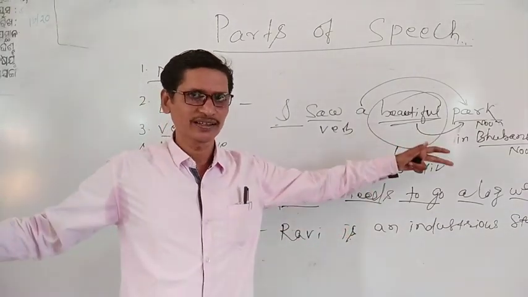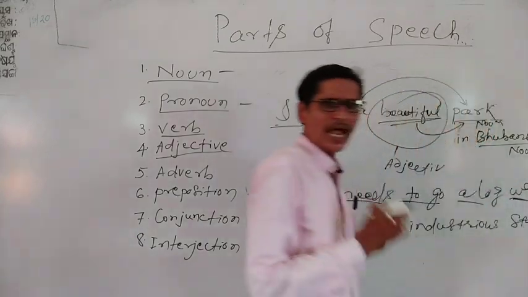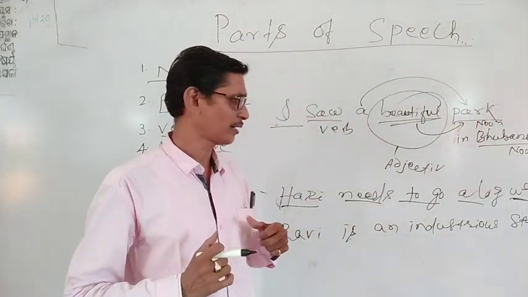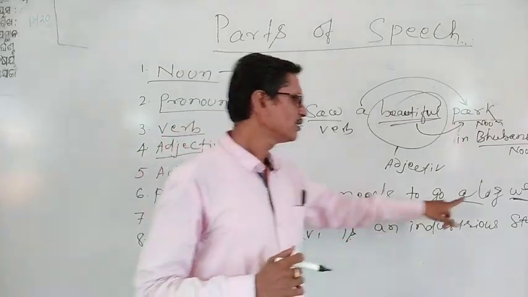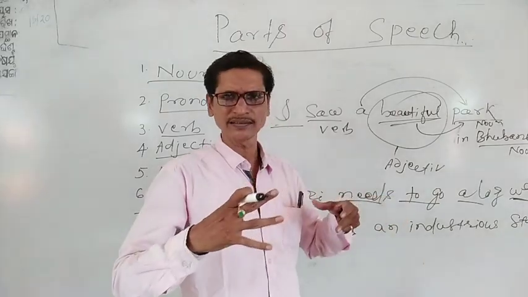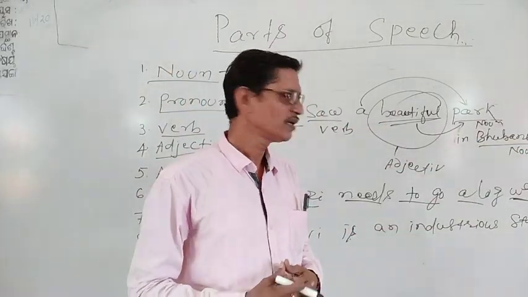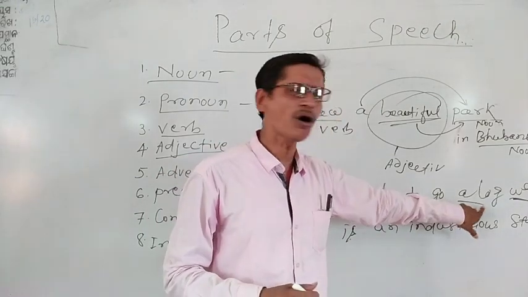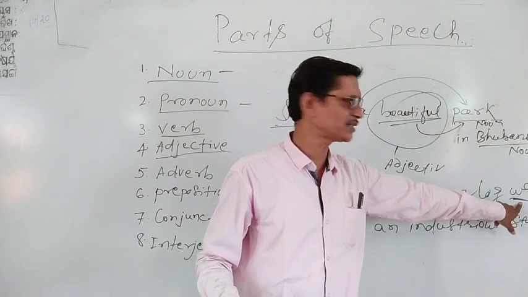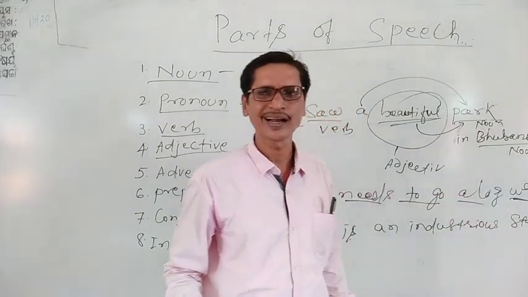It's a long way. Therefore, way, which is a noun here in our sentence, is functioning as an object. This long, a long, is qualifying, enhancing the meaning of the way. It's a long way. Therefore, here a long is giving more information about way, therefore it is an adjective.